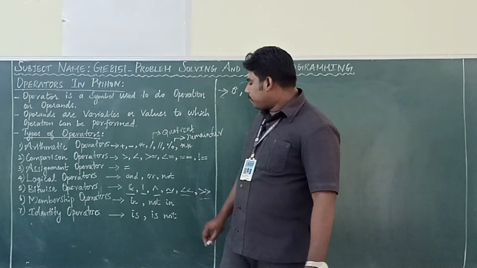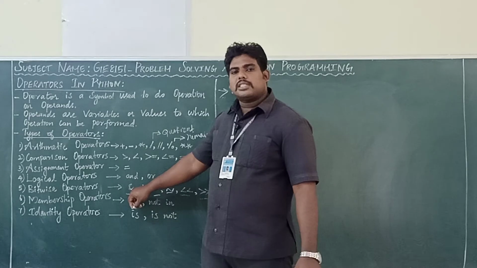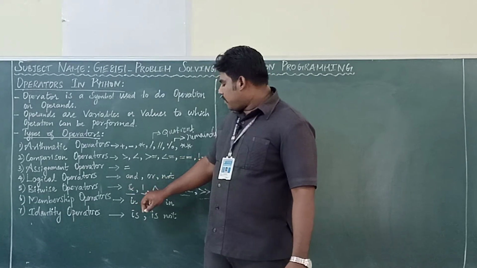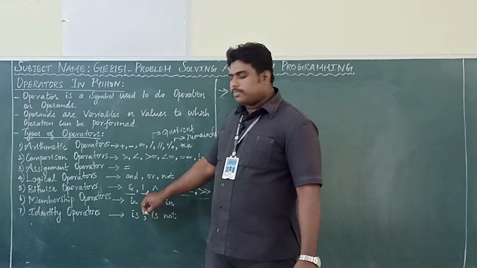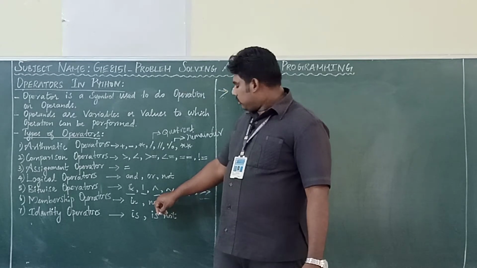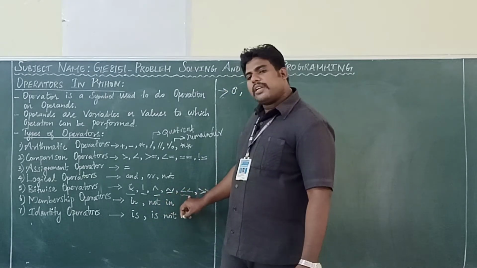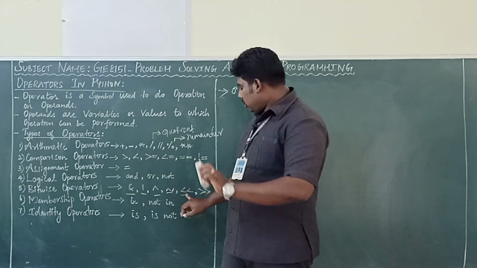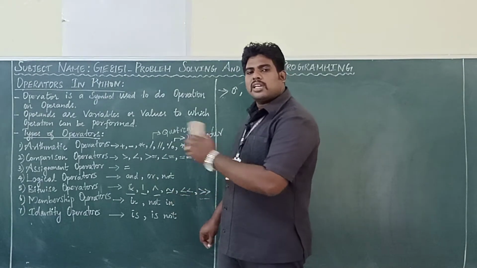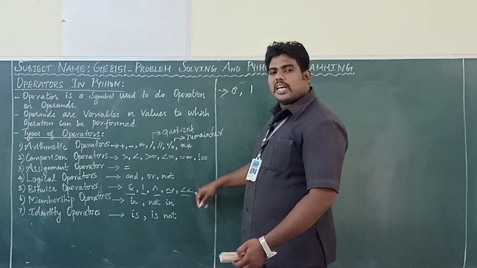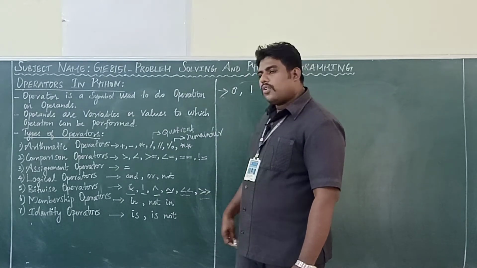Once again, this is bitwise AND, this is bitwise OR, this is bitwise XOR, this is bitwise ones complement, this is bitwise left shift, two less-than symbols, and this is bitwise right shift. So we can see one by one.